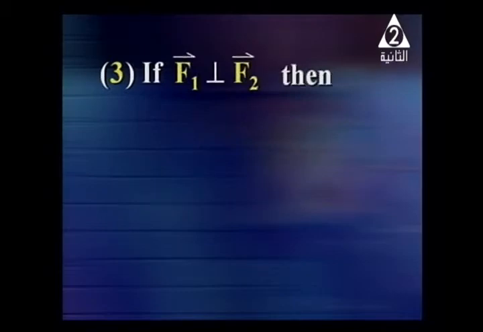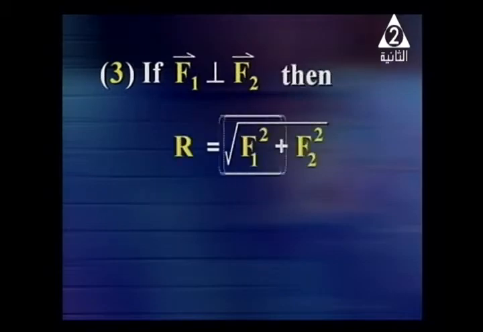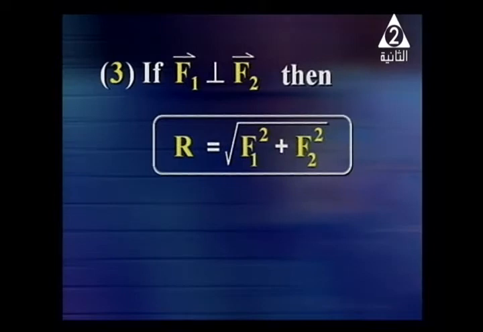If two forces are perpendicular, or F1 perpendicular to F2, what do you deduce? Yes, the resultant of the two forces is square root of F1 squared plus F2 squared. Remember, dear student, we have two forces that are perpendicular. If you use the first or general rule, R equals square root of F1 squared plus F2 squared plus 2F1F2 cosine alpha, then alpha in this case equals 90, and cosine 90 equals 0.